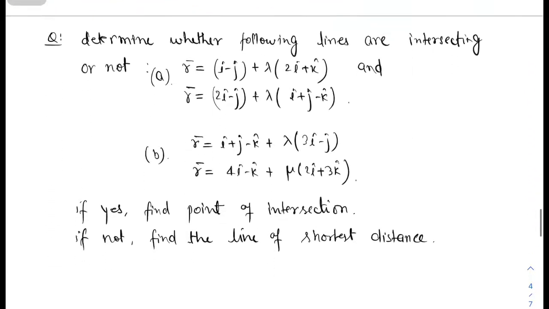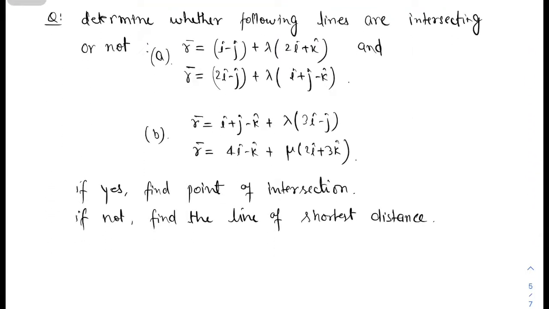So let's take an example. Here two sets of lines are given. This is one question, this is another question. We are required to determine whether these lines are intersecting or not.